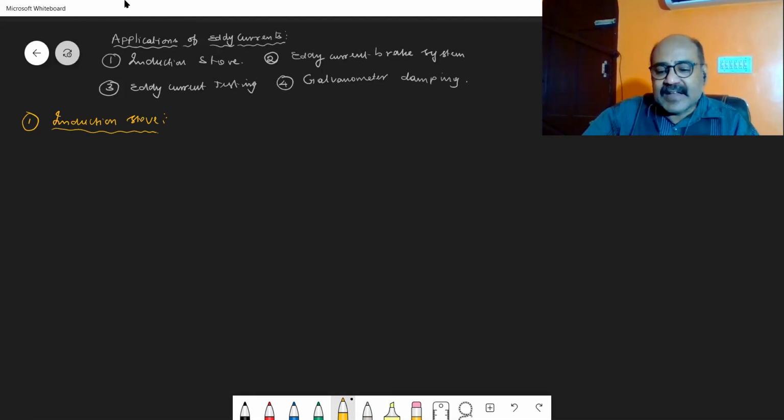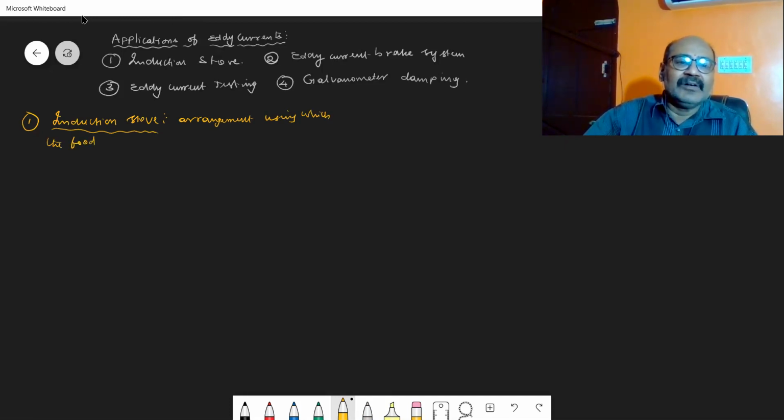So the induction stove is an arrangement using which food can be cooked in a short time and safely with less amount of energy.